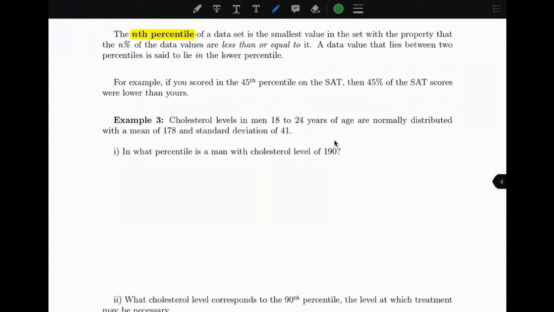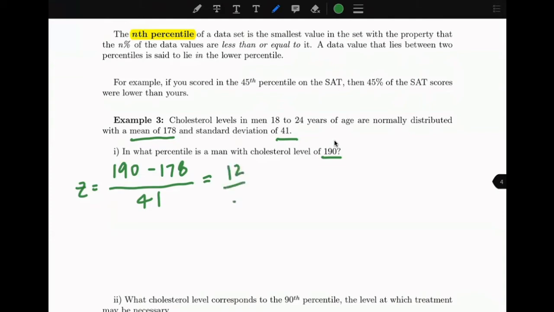So z is going to be equal to 190, our data value, minus our mean, 178, then we divide by the standard deviation, which is 41. The first thing we'll do is the numerator: 190 minus 178 is equal to 12. And then we divide by 41.